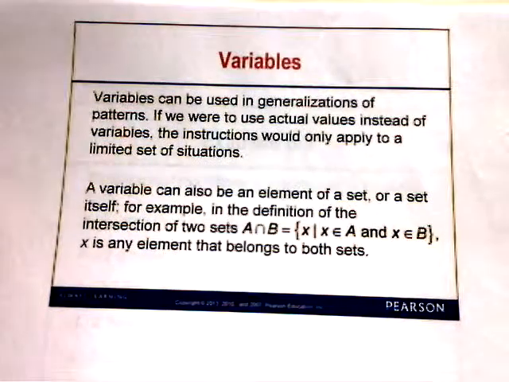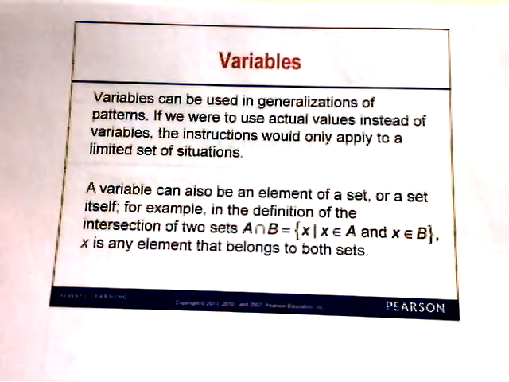Variables can be used in generalizations of patterns. If we were to use actual values instead of variables, the instructions would only apply to a limited set of situations. A variable can also be an element of a set or a set itself.